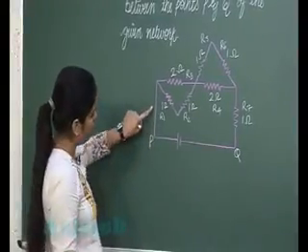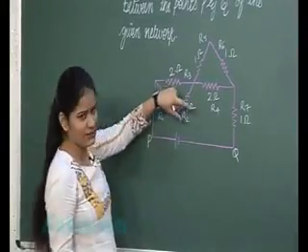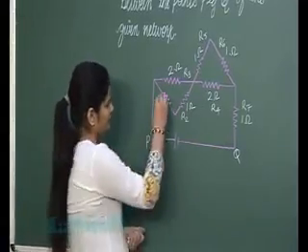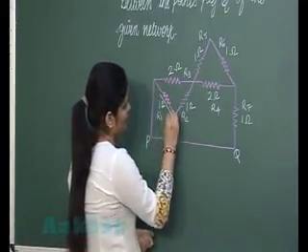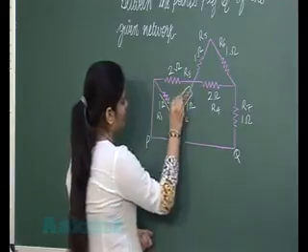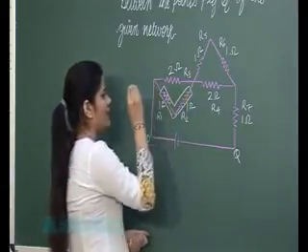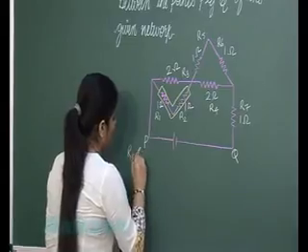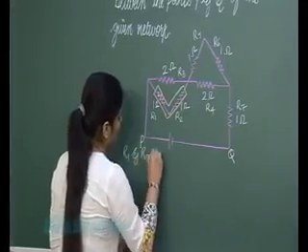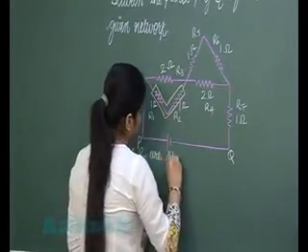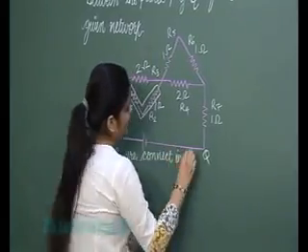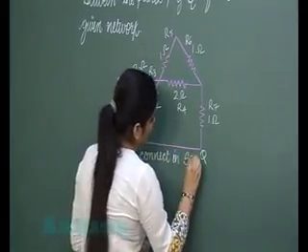Student, we know that these two resistances, R1 and R2, are connected in series.